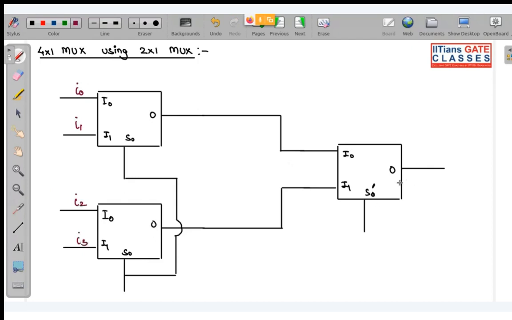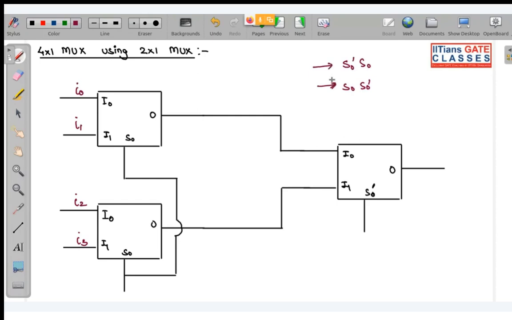Now you can see that we have 4 inputs and 1 output. Can you tell me what will be the order of the selection lines: S naught dash S naught, or S naught S naught dash?